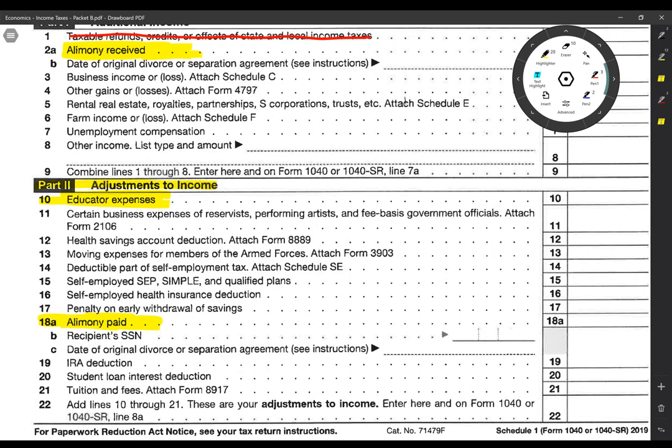And so the tax code says, look, if you have unreimbursed expenses, you can deduct that up to a limit. And there is a limit of $250. A lot of teachers say that's not enough, but that's what it is.